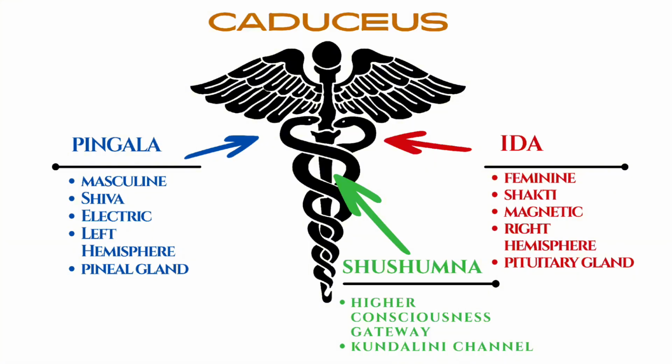So for this part of the video, I wanted to share an image of the caduceus, in case you didn't know that's what it was called. Some may recognize this symbol as the medical symbol, which you'll often see in doctors' offices or hospitals. But long before this was a symbol used by the medical community, it was visible across various cultures, religions, and spiritual images.